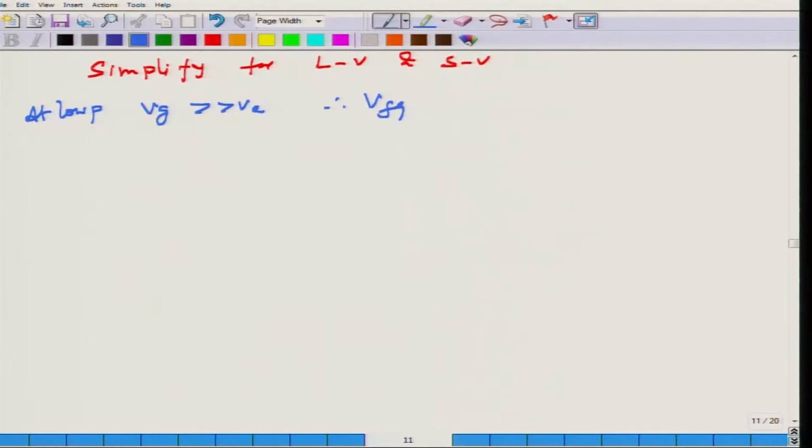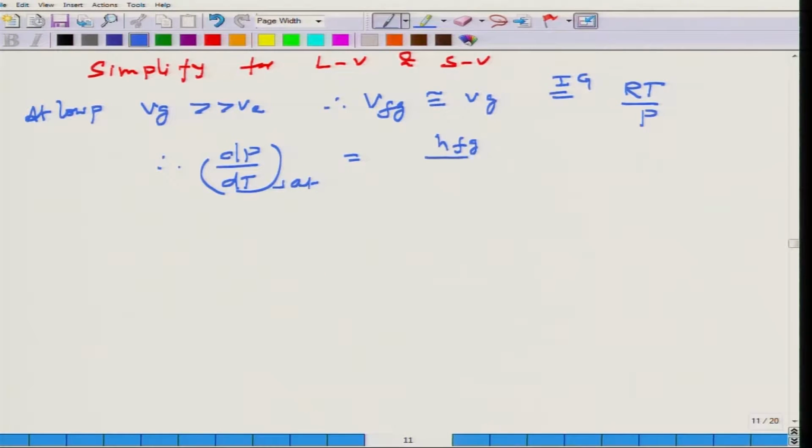Therefore Vfg is going to be only Vg, and for ideal gas, this is going to be simply RT by P. Thus I can write del P by del T sat as Hfg, and now for the ideal gas, it will be T, and the V is replaced by RT by P, so that becomes RT square, and P comes in the numerator.